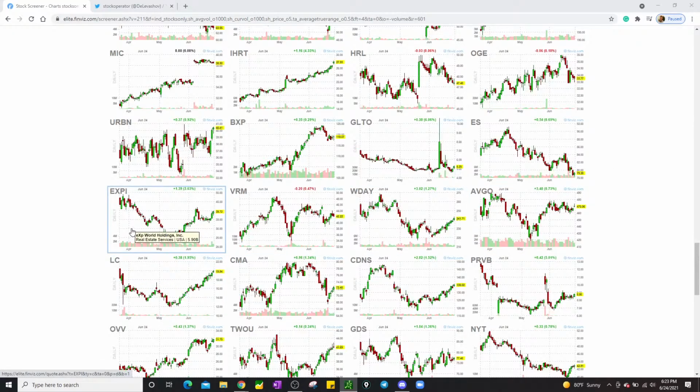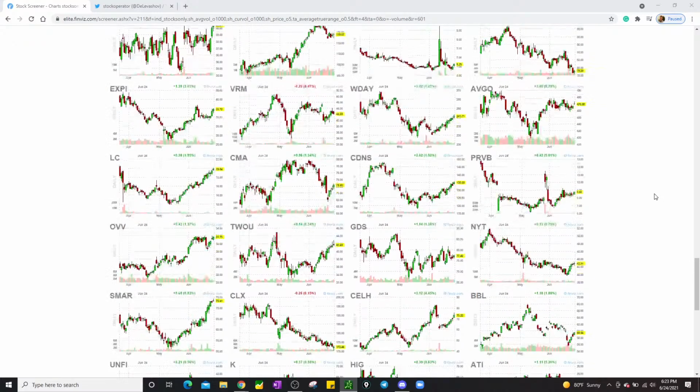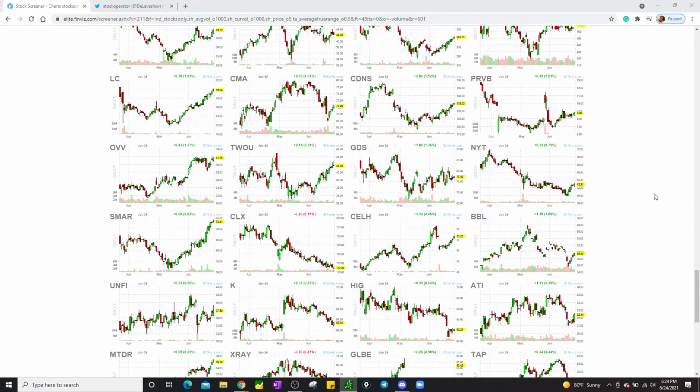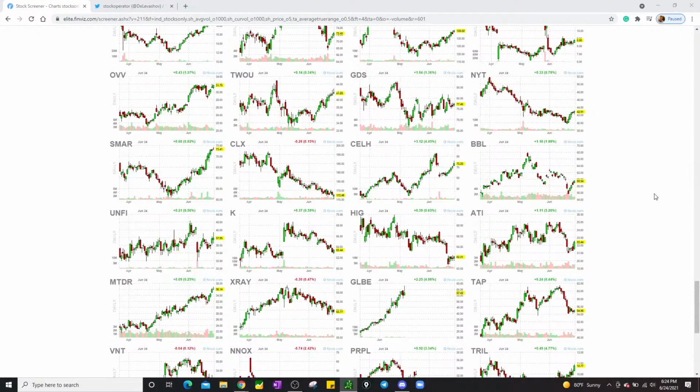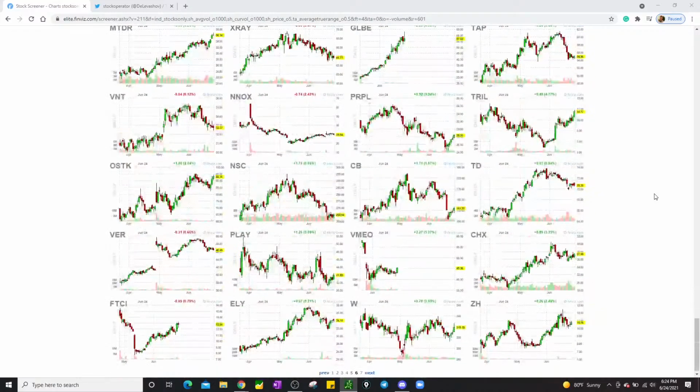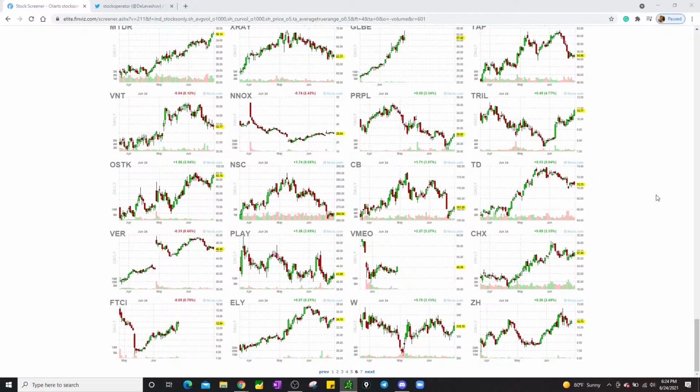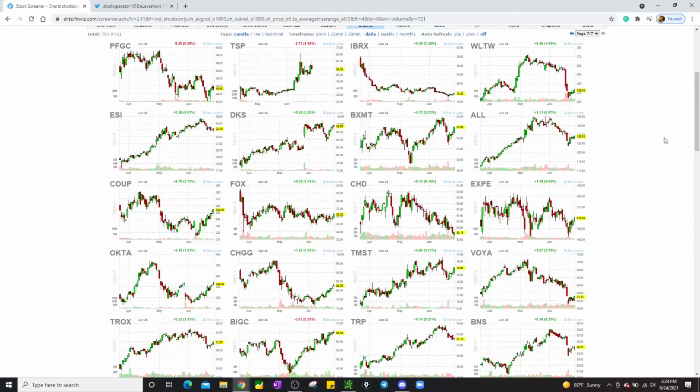XP, another real estate, as you can see pushing here. Okay, play in this one. Okay, and the last page, it's only a few stocks there.